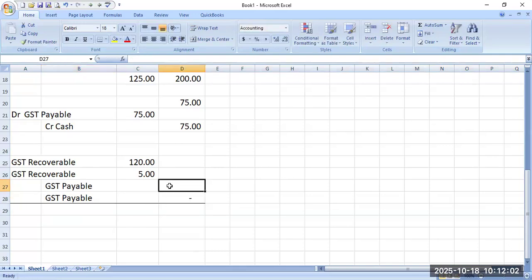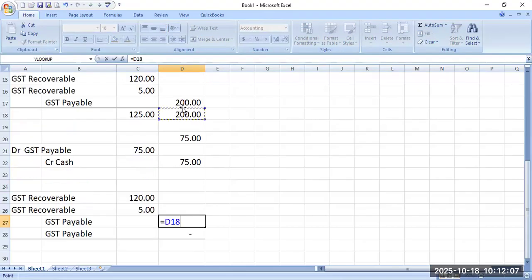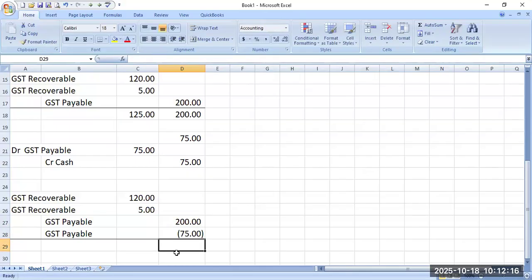First I have 200, and then I have negative 75. So where's my total? On one side I'm 125, on the other side 125. So I don't owe the money to the government. Government doesn't have to pay me back. I'm square and fair with the government. Make sense?